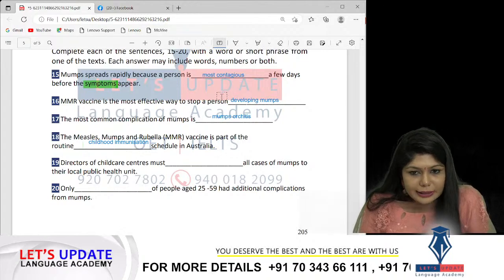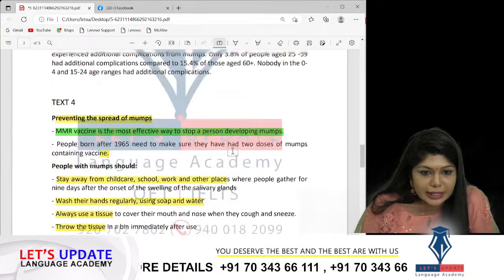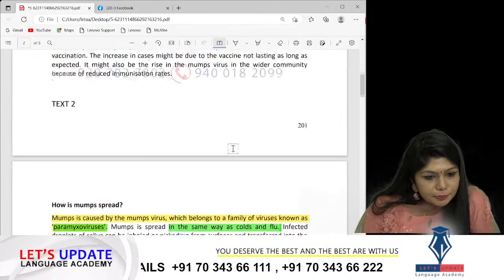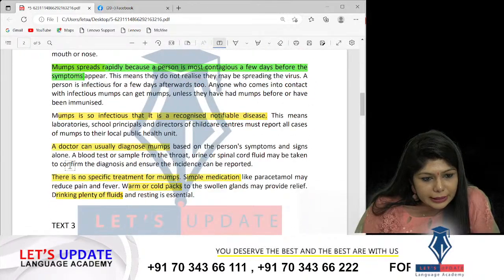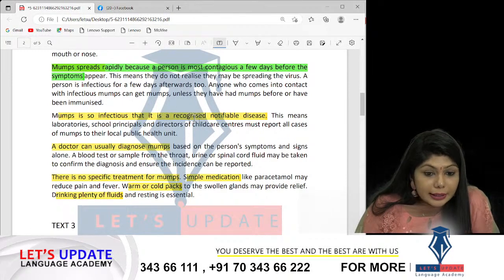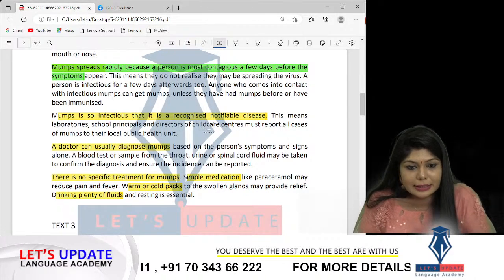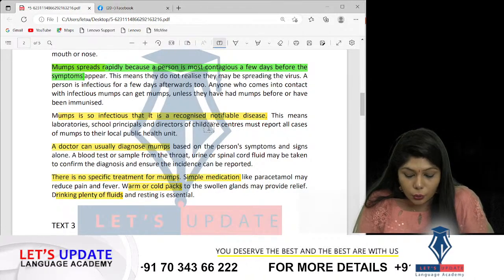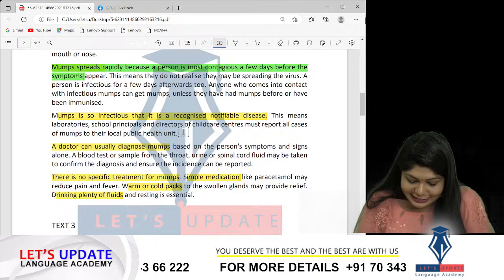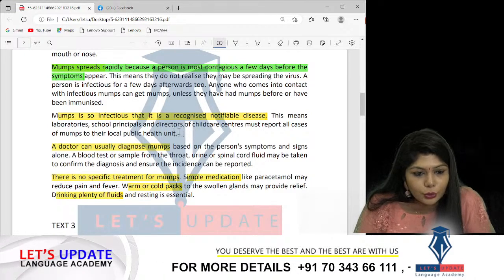We did go through that information earlier in part 2, text 2 or text B, about reporting. Yes, mumps is so infectious that it is a recognized notifiable disease. This means laboratory, school principal, and directors of childcare centers must report all cases of mumps to their local public health unit. Okay, so that is the information we are looking for.